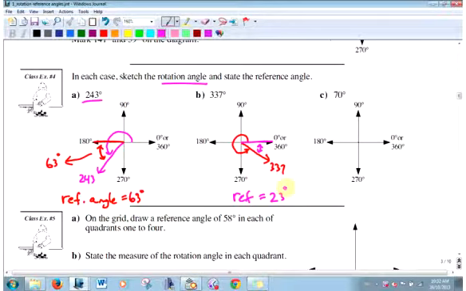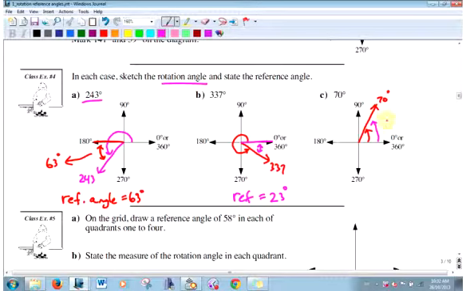All right. 70 degrees. Well, that's 20 degrees away from 90. What's my reference angle here? How far is it away from the x-axis? 70 degrees.